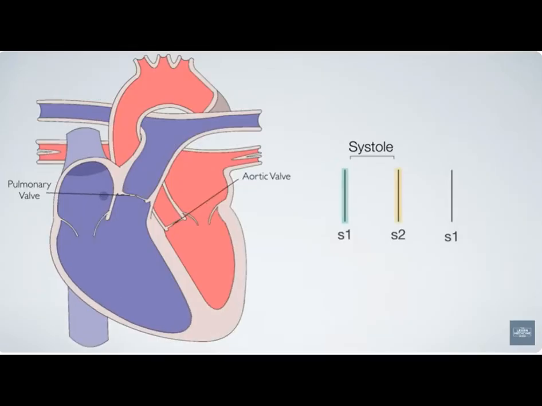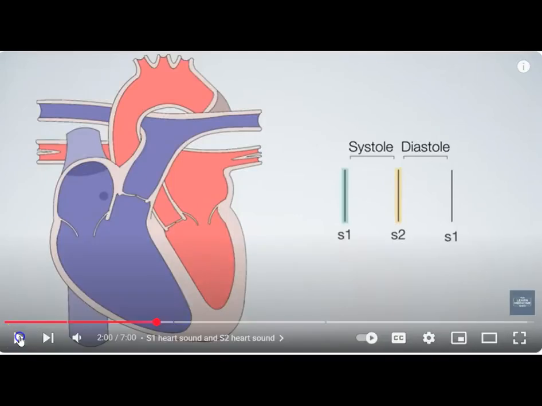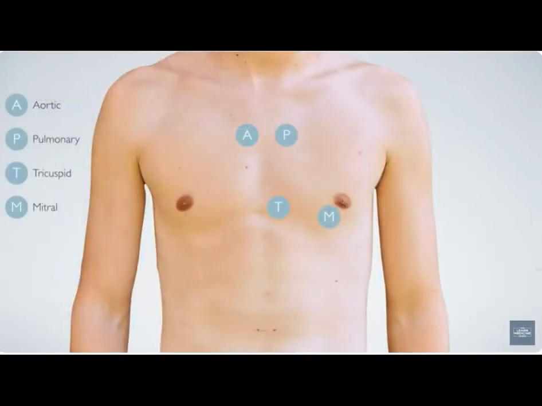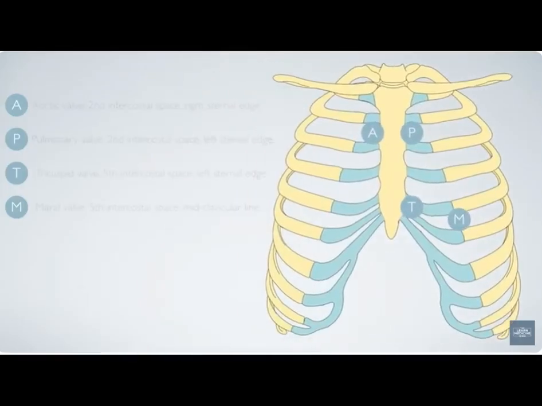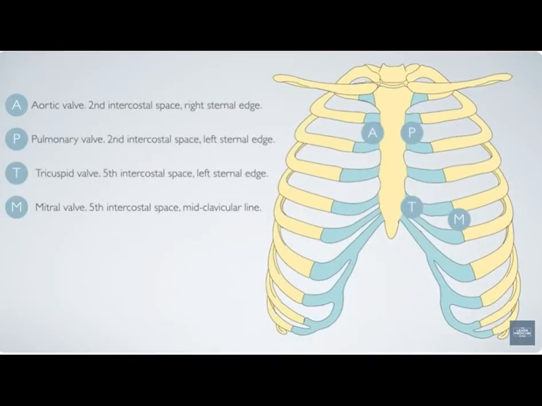A period of heart muscle relaxation then occurs, and this is known as diastole, after which the cardiac cycle starts all over again. Let's now add in the heart sounds with this animation. The four heart valves and their respective heart sounds can be auscultated in the following anatomical areas.